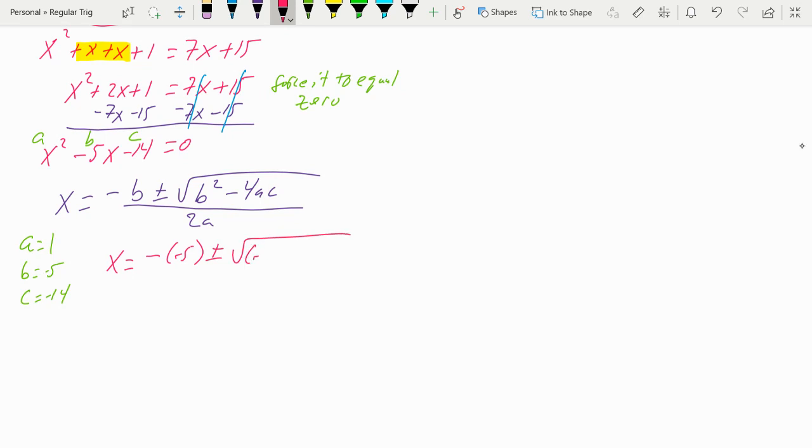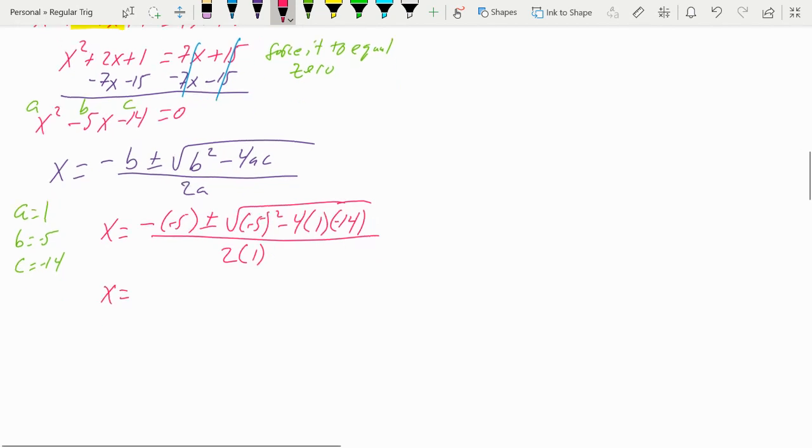So b is negative 5 squared. Remember, inside the parentheses, please, when you're substituting. Minus 4 times a is 1, c is negative 14, all over 2 times a is 1.